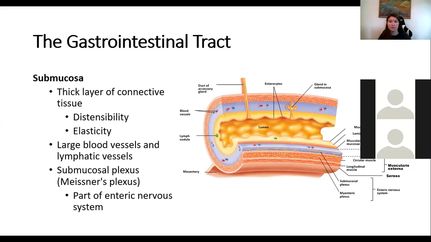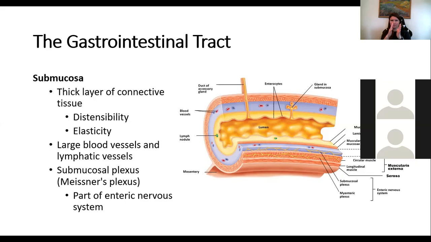Okay, now on to our second of our big four layers of the GI tract. We have our submucosa. The submucosa is a layer of connective tissue, and it's going to be thick, thicker than the lamina propria. And the importance of the submucosa is really that you can eat food of all kinds of sizes, right?